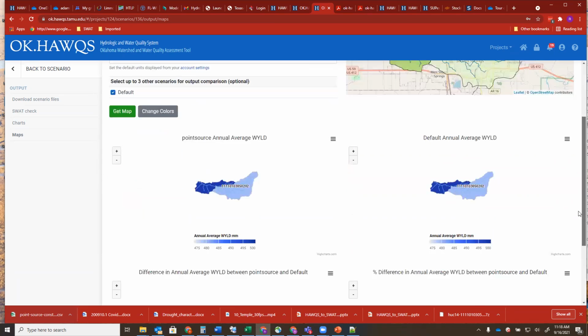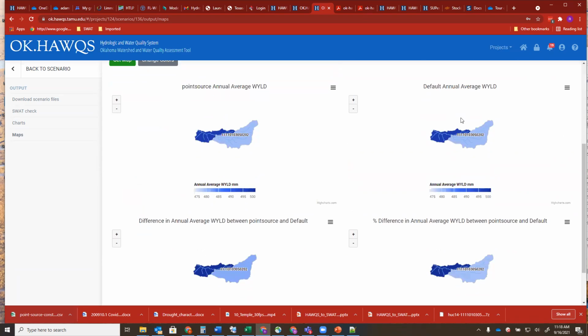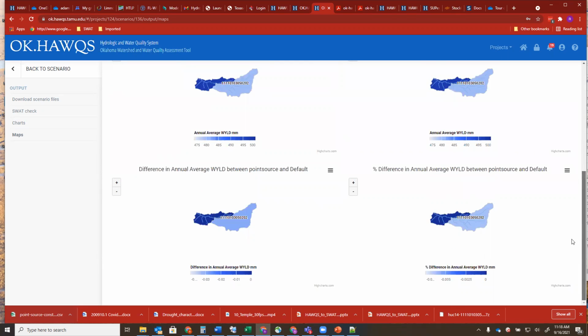It should be able to show you what is for the point source, what is for the default, and what is the difference between these two, if you subtract one map from the other map, or what is the percentage of change. So it will give you all those information here actually. Here the difference is so small, it's not even worth looking at actually, but I just want to show you the features available within HAWQS in terms of comparing different scenarios.